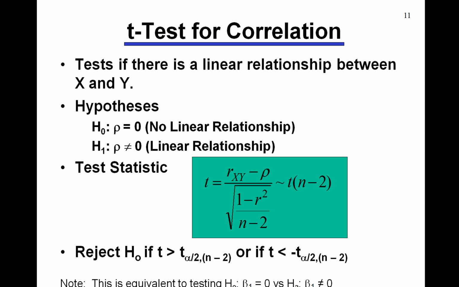And if you went through the arithmetic, you would see that those t-tests are exactly equivalent. So if one wants to determine whether or not there's a significant correlation between two variables x and y, you could run a simple linear regression model and equivalently test whether beta 1 equals 0 or not.